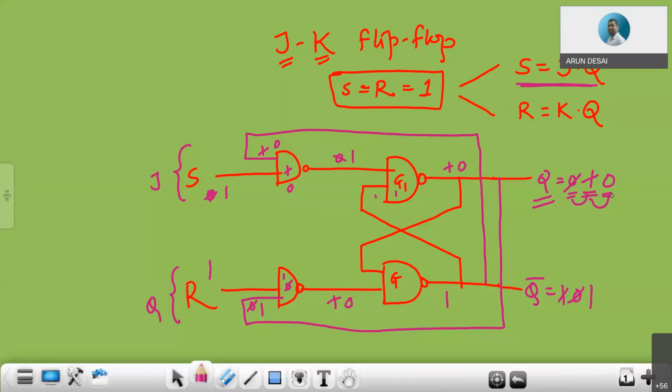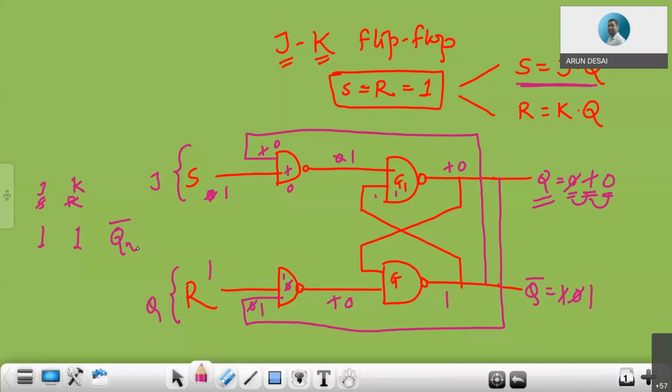So we are at a certain state that if 1, 1 is the SR input, then in the J and K combination we will get Q complement, or whatever is there inside memory is complemented, right?